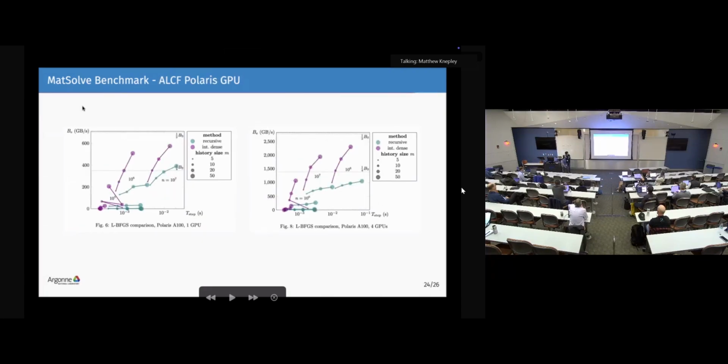For the biggest problem sizes, you're getting essentially twice the effective bandwidth. For the smaller problem sizes you're also much faster, simply because of the reduction in the number of kernel launches. You can increase the history size and you're not increasing the time that much, whereas for the recursive version you're increasing the number of kernel launches linearly.